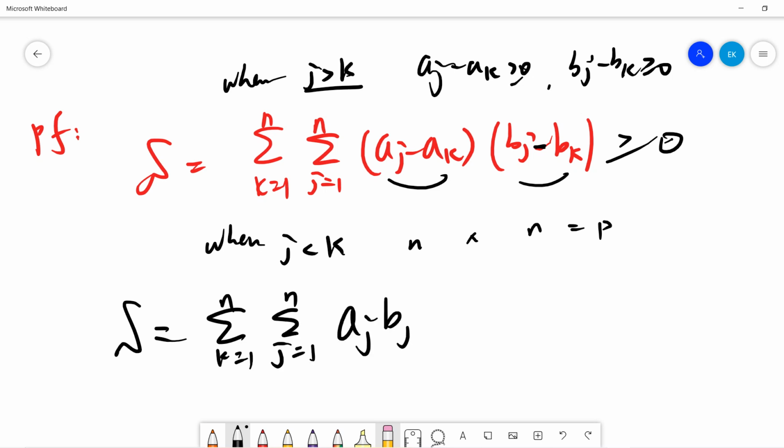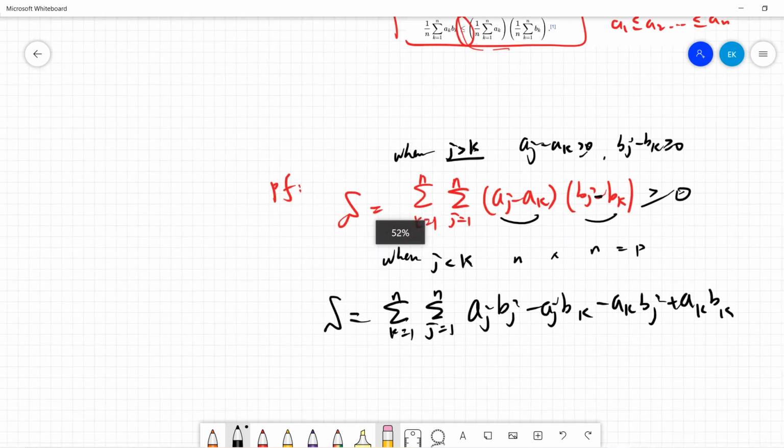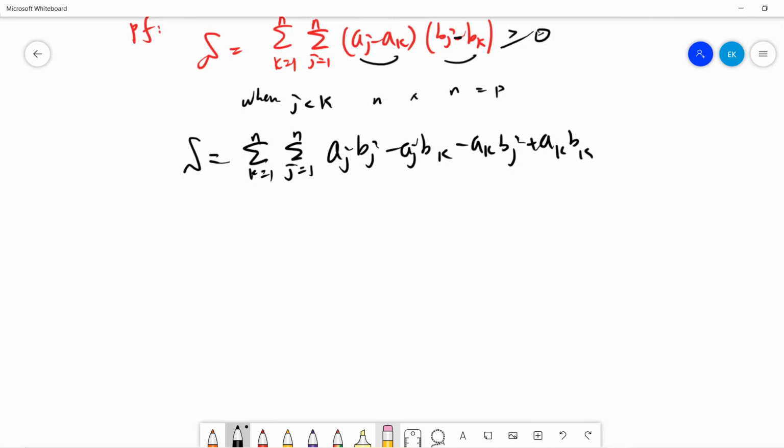So you get aj bj, minus aj bk, minus ak bj, plus ak bk. You see this term only contains aj bj, so summing k from 1 to n gives us n, so it becomes n times the sum over j from 1 to n of aj bj. This last term is the same, just changing the dummy variable from k to j, so you get 2n times the sum over j from 1 to n of aj bj.